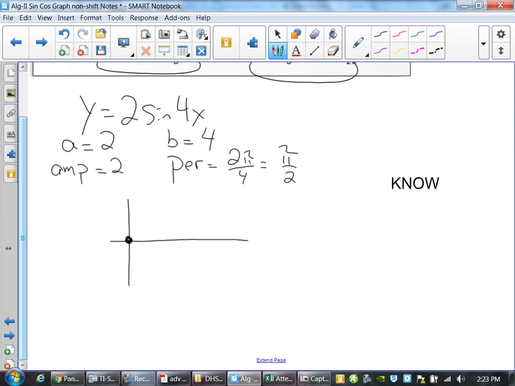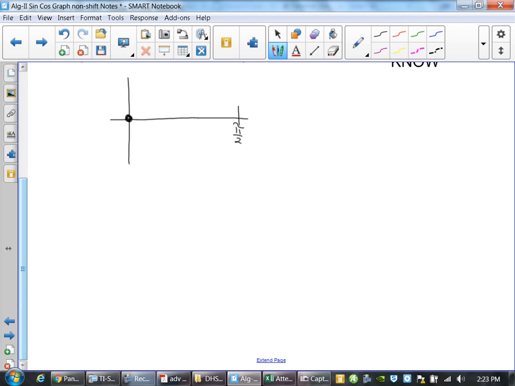So what we do is we know that sine's going to start at the origin, and it's going to finish one cycle out here at pi over 2. Now, when you start worrying about your other breakpoints, leave pi out of it. What's half of a half? A fourth. What's half of a fourth? 8.